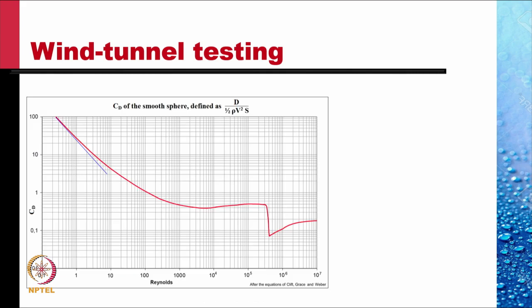Further, if we study the drag coefficient of a body, here a smooth sphere, and we study the variation of drag coefficient with Reynolds number, we can see this variation. Obviously, this region where the drag coefficient varies inversely with Reynolds number is a region where inertial effects could be neglected. Low Reynolds number region, and we had covered this in quite a bit of detail earlier.